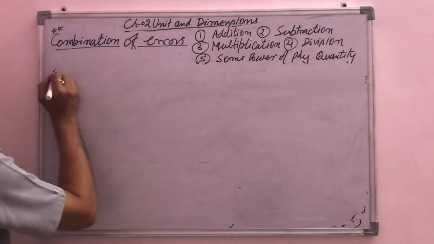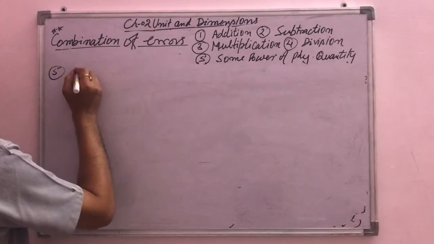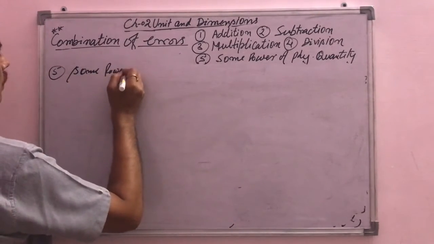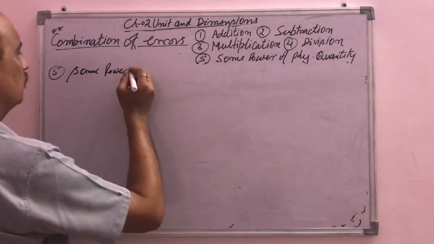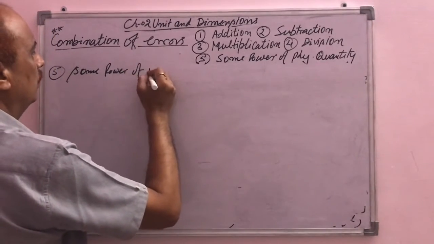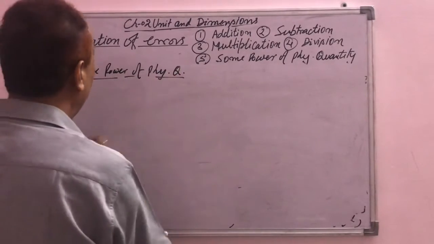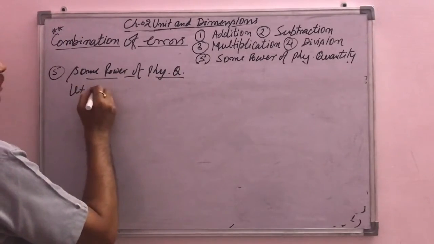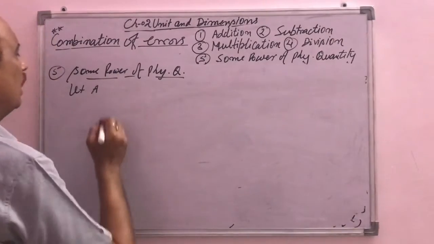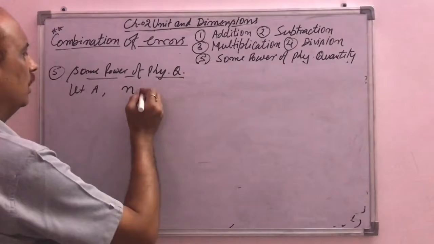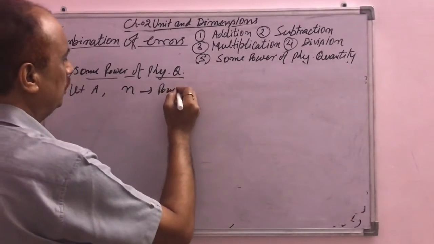Now number 5 is when some power is there of any observed physical quantity. In that case, let A be a physical quantity and N be the power of that physical quantity.